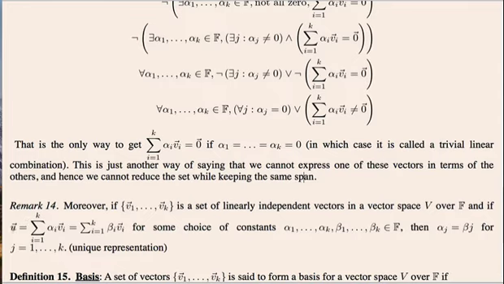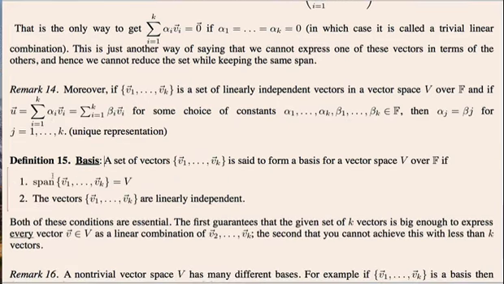So the vectors written as linear combinations have a unique representation with unique coefficients alphas. This leads to the definition of a basis.